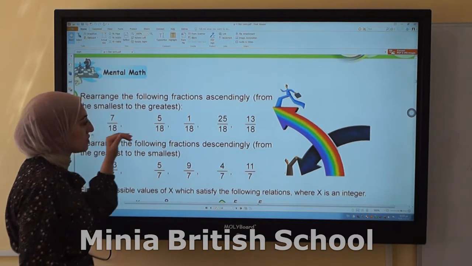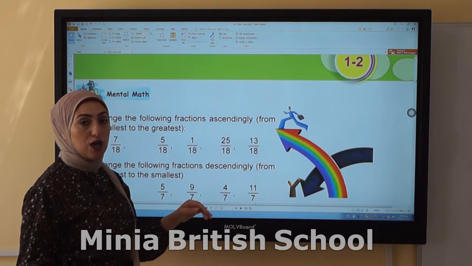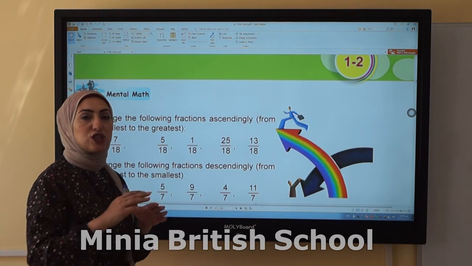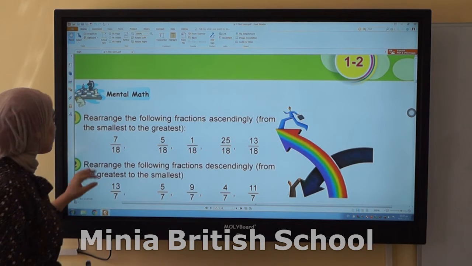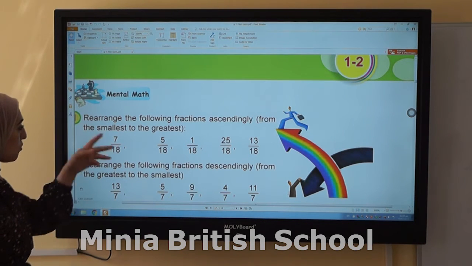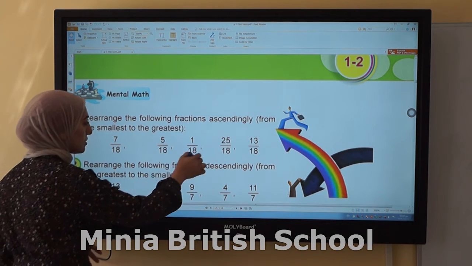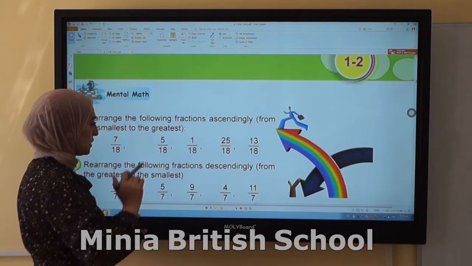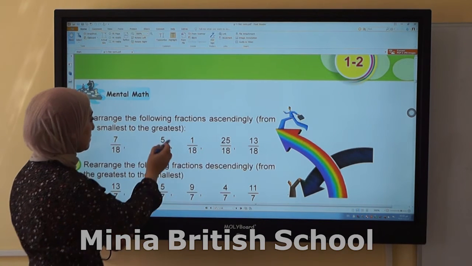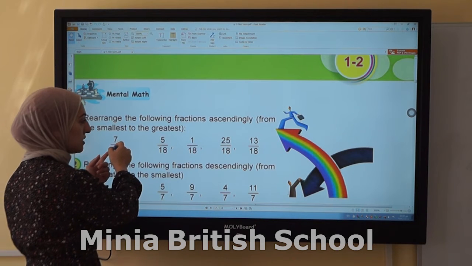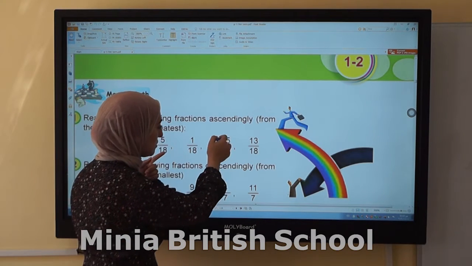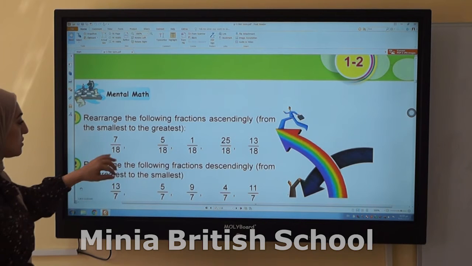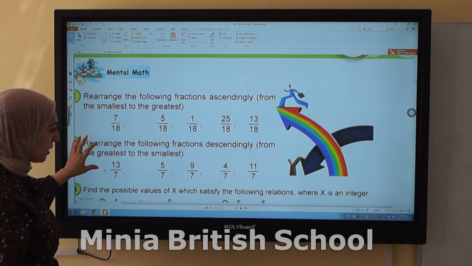Here, all the denominators are the same, so we deal with the fractions as whole numbers. What is the smallest fraction here? The 1. So this is the smallest one, the first. The second, 5, then 7, then 13, then 25. So this would be the order of them.